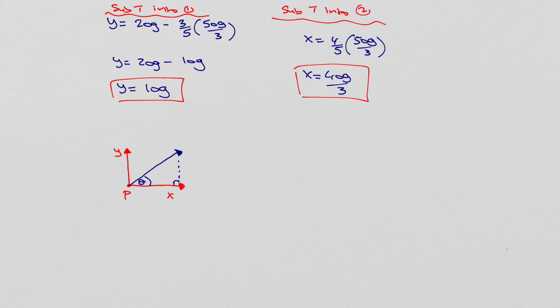or the right angle, I can therefore say that the magnitude is going to be the square root of x squared plus y squared by Pythagoras. So x is 40g over 3, and y is 10g.